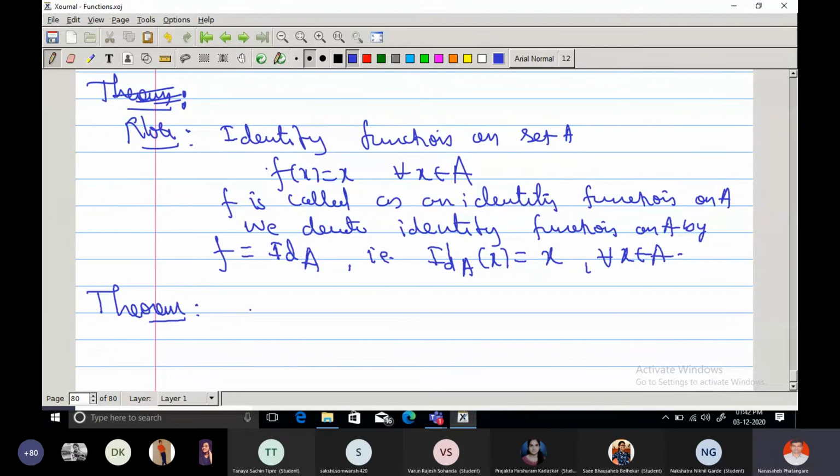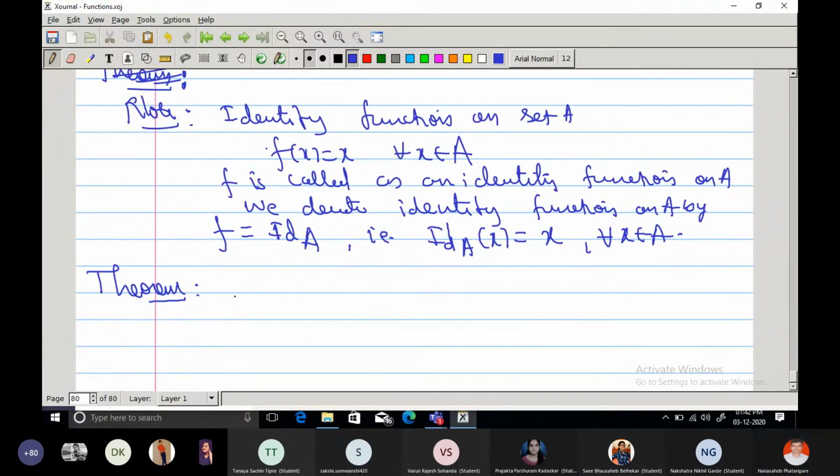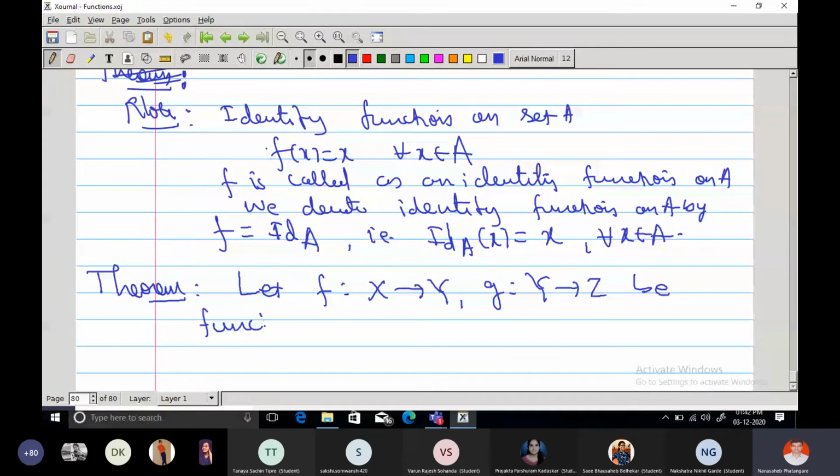So let f from X to Y, g from Y to Z be functions such that g composite f from X to Z is identity on X. Right, so what type of functions are these?